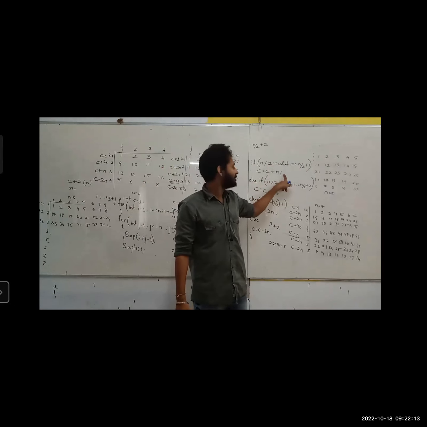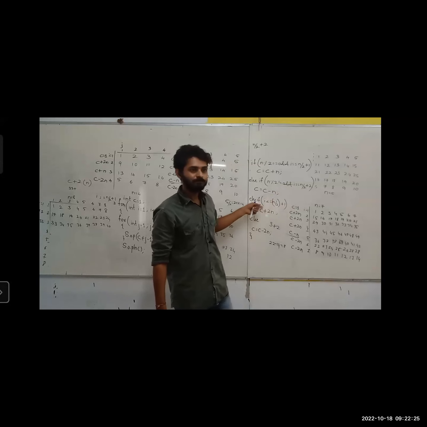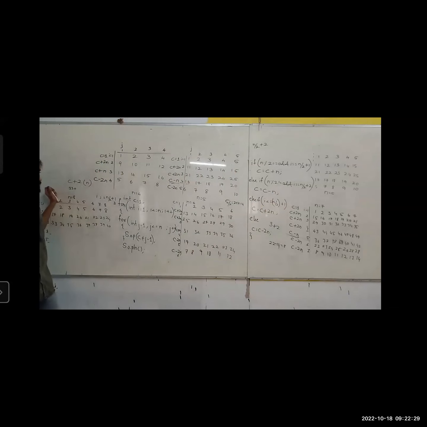Then what is left out? This one, will it work? Is there anyone who will say that, sir, the condition is true? No. With this one, will it work by any chance? Still, I less than or equal to n by 2 plus 1. Sir, less than or equal to n by 2 plus 1 you have written. If you observe carefully, 4 is less than or equal to n by 2 plus 1, which is 5.